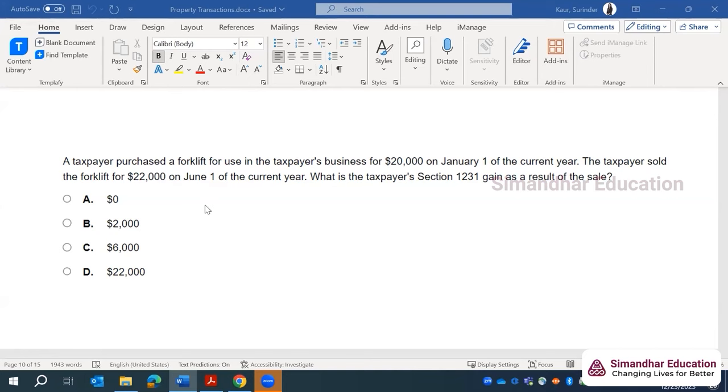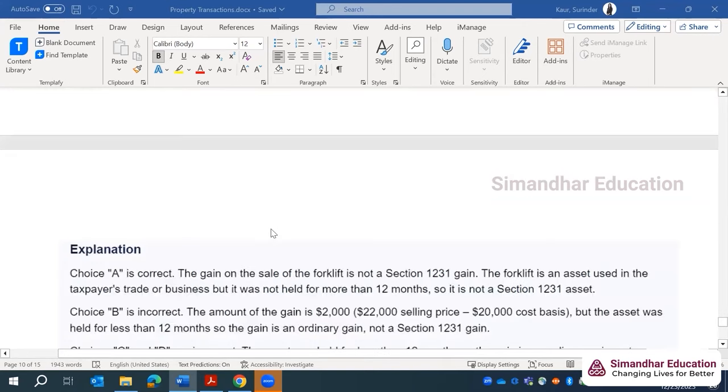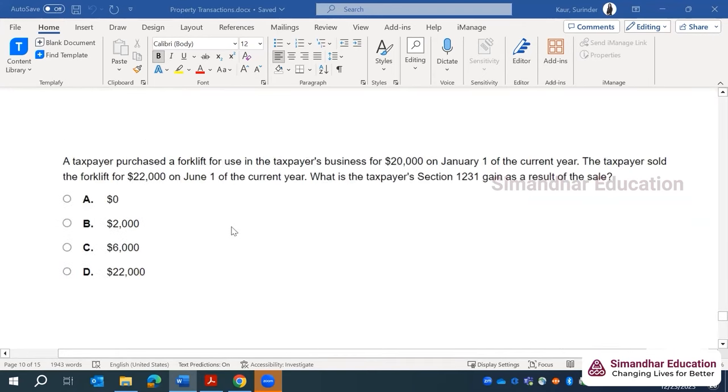So purchased is $20,000 in the current year. And then he sold it for $22,000 on June 1 of the current year. Okay, excellent. So the answer to that is 0 because it does not satisfy the section 1231 rules, right? Because we did not hold the property for more than 1 year.